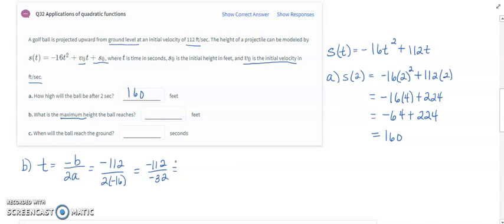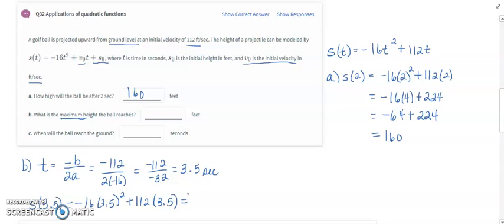When we divide those values, we get 3.5. Now, keep in mind, 3.5 is not the maximum height. 3.5 represents the number of seconds it takes to get to the maximum height. So to find the maximum height the ball reaches, we have to plug the 3.5 back into that formula. So that would be negative 16 times 3.5 squared plus 112 times 3.5.